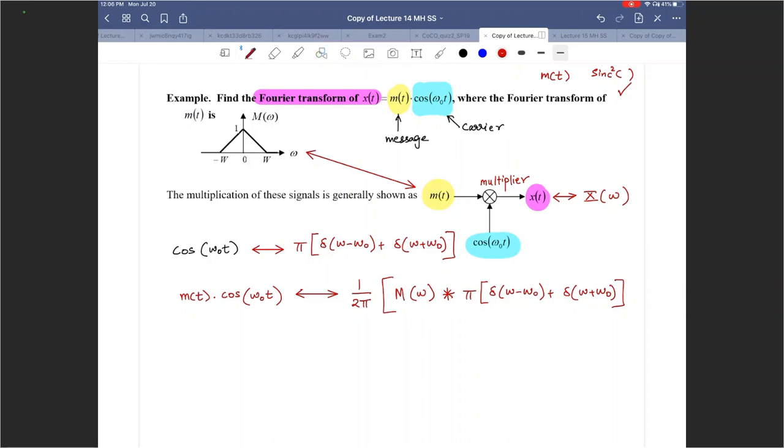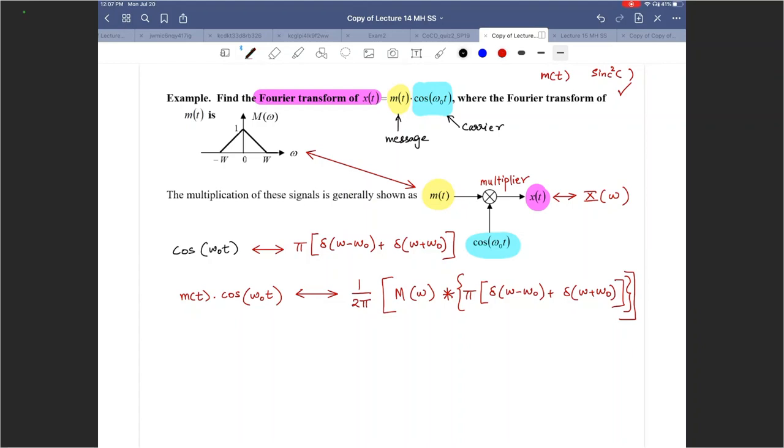Right, M of omega convolved with two impulses, one impulse at minus omega naught, the other one at plus omega naught.